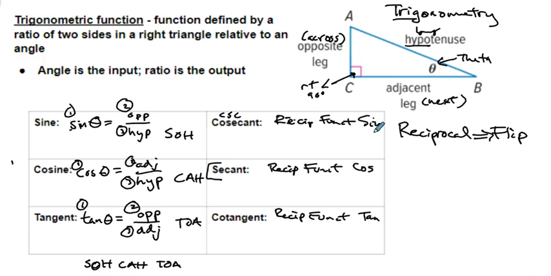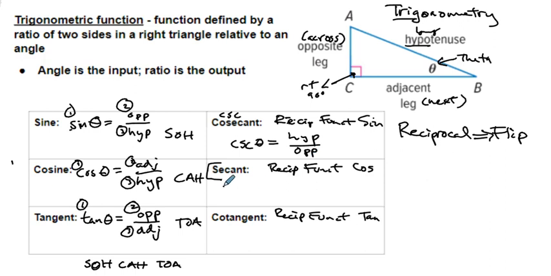So the reciprocal function of sine, so cosecant, we write this like this, is basically take your sine function and then flip it. So this becomes the hypotenuse over the opposite, right? And so they don't use a mnemonic for this one, like I said, right?